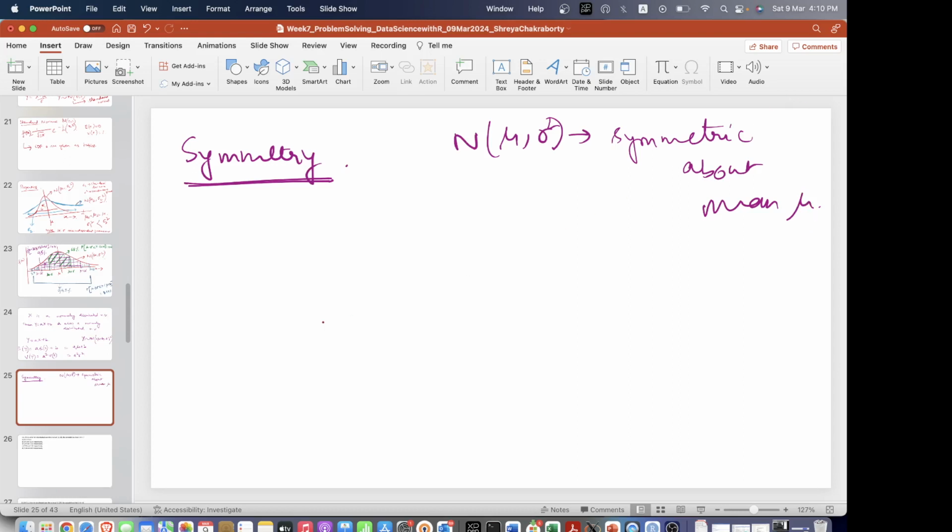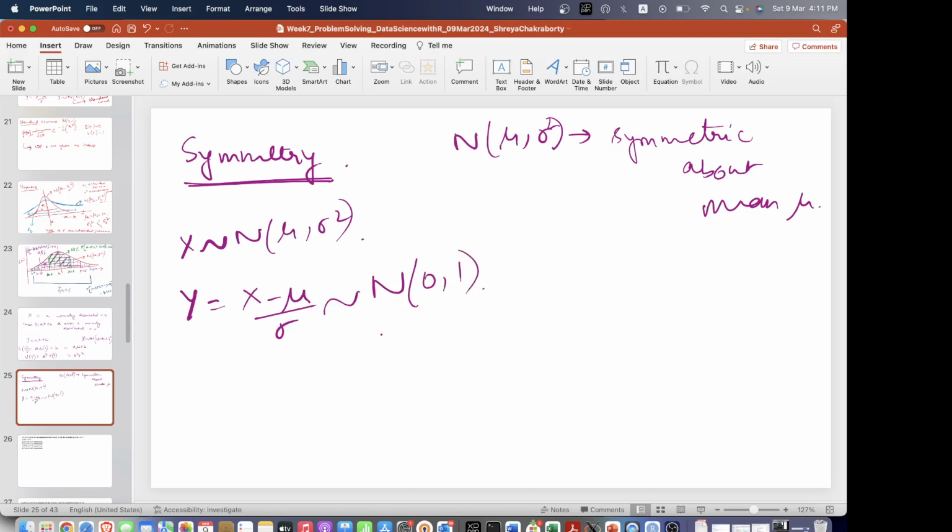Alright, so if I have a distribution like this, let's say x follows normal mu sigma square. If I write a variable like this, x minus mu by sigma, then this follows a standard normal distribution.